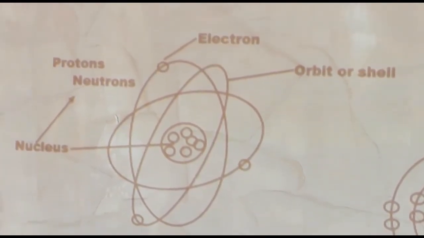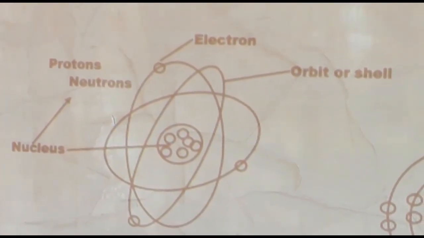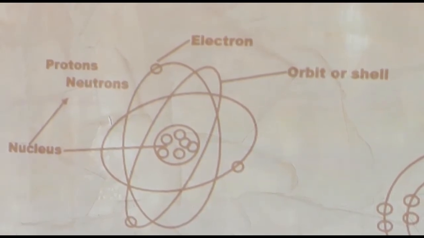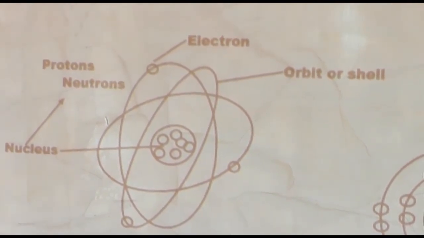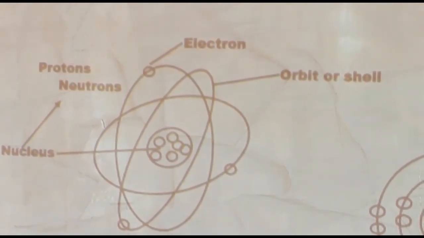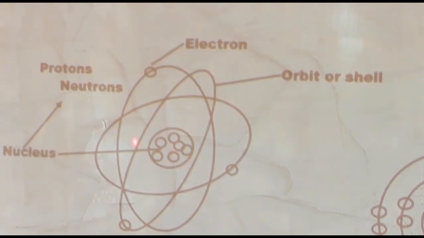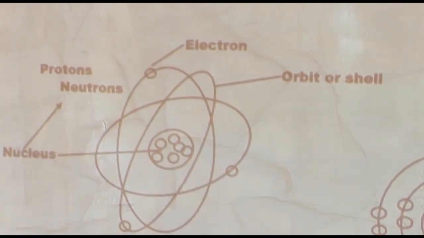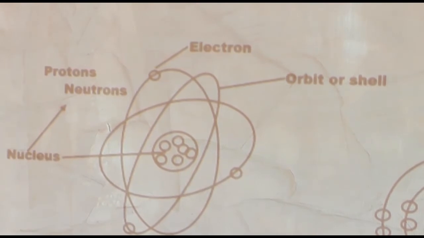Looking at the diagram on the board, the first diagram illustrates the inner part of an atom, which is known as the nucleus. Look at it. This is the nucleus.